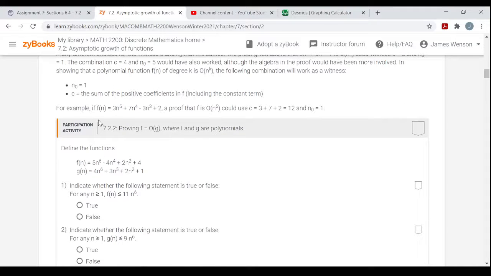So they say, for example here, if you wanted to show that this polynomial function was O of n to the fifth, that some positive multiple of n to the fifth is eventually higher than the graph of this function, you could use the sum of the positive coefficients, 3 plus 7 plus 2, that's 12, and then n0 equals 1. And the proof would be very similar to what I showed you. So I'm going to do that actually on some paper.